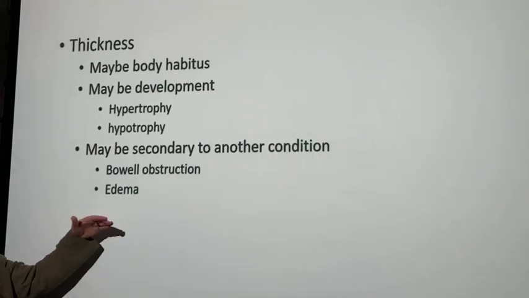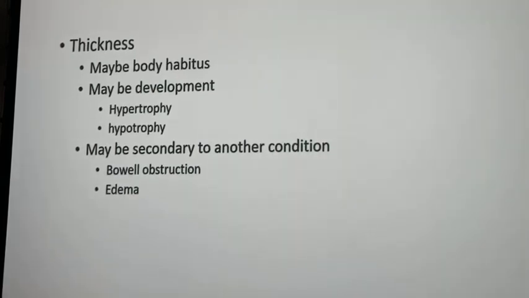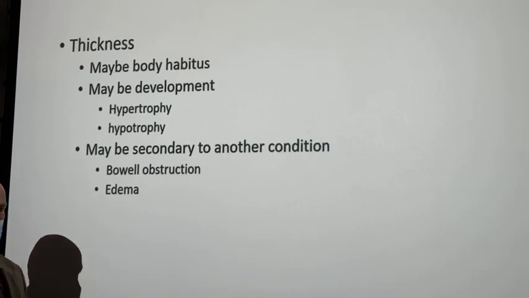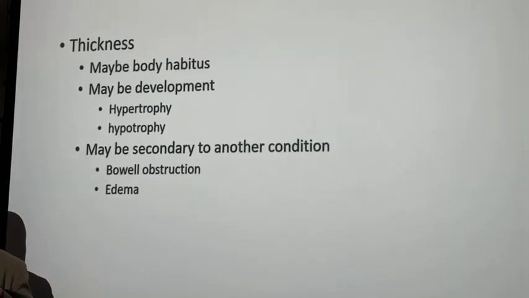Edema, what is edema? It's a collection of fluid. So you've got ascites, you've got edema, you've got swelling because of a lot of fluid. As opposed to a bowel obstruction, you know, initially you may think, well, a bowel obstruction, everything stops. So anything you put into the patient doesn't move.